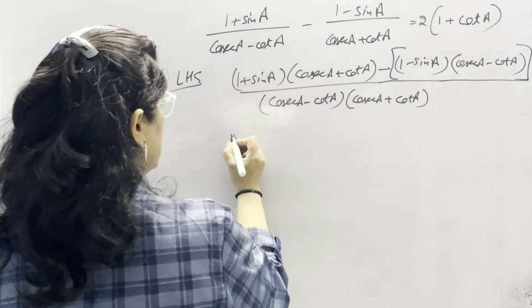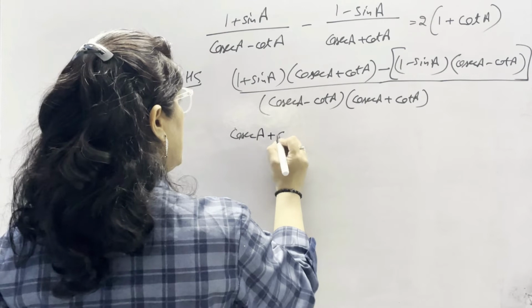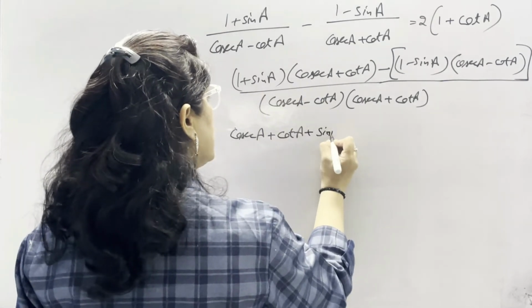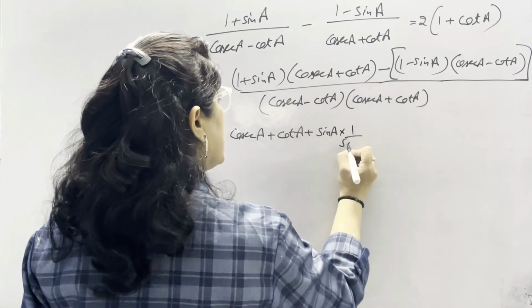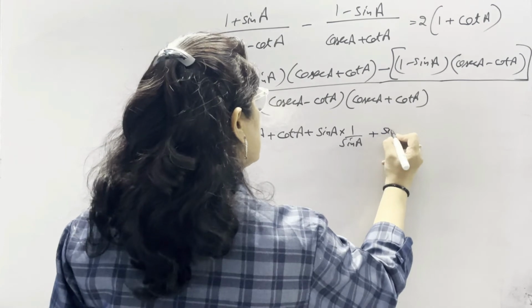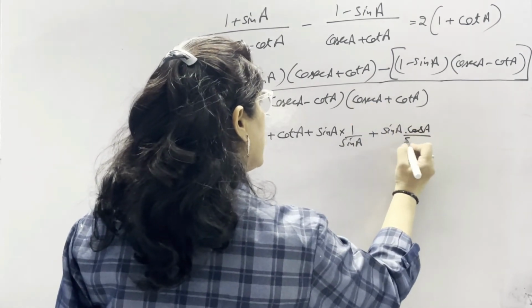Now multiplying 1 with these two terms, we get cosec a plus cot a. But when cosec a is multiplied with sin a, cosec is 1 upon sin a. And then the next term, sin a multiplied with cot is cos a upon sin a.